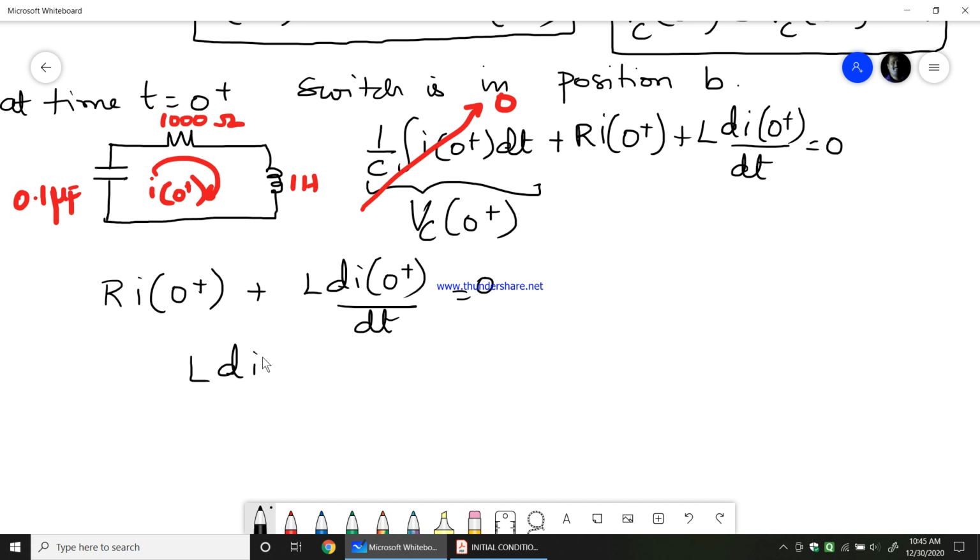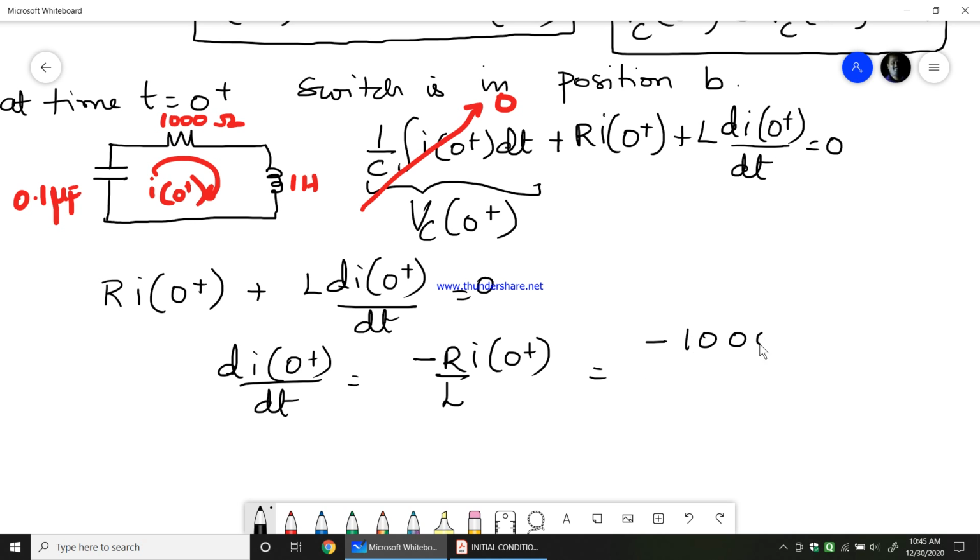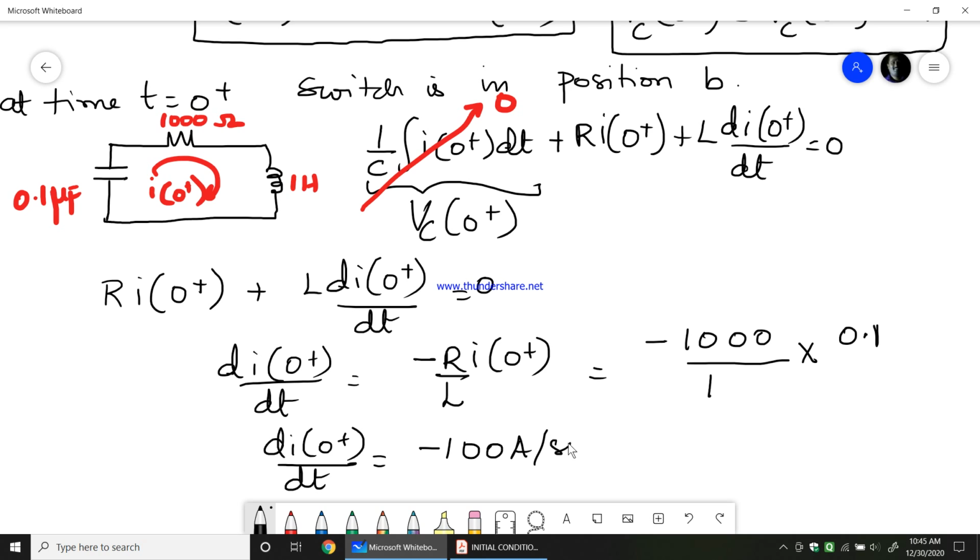Therefore L into di(0+) by dt equals minus R i(0+). Therefore di(0+) by dt would be equal to minus R by L into i(0+), which is minus 1000, R divided by L is 1, multiplied by i(0+) which is 0.1. Therefore di(0+) by dt will be equal to minus 100 amps per second.